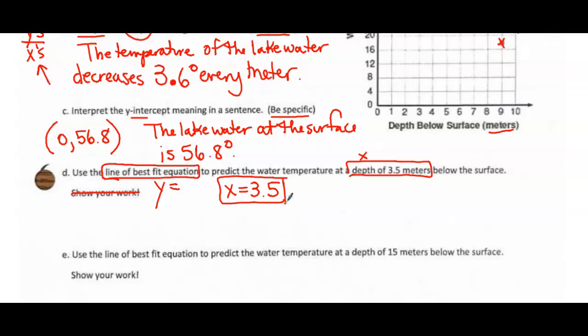You're going to go to your table. If you have the same equation as me, the answer in the y column is 44.2, and that represents degrees. However, if your equation is slightly different than mine, it will be a slightly different answer.